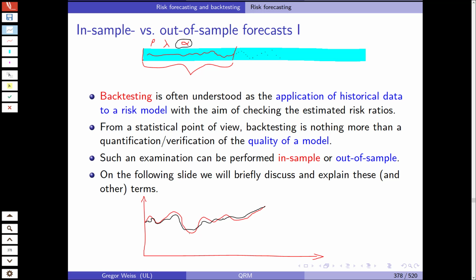And we would see this model estimation has relatively good in-sample fit. We have the data available. We estimate the model based on the available historical data. And we can see that in-sample, based on the data we have available, the model has a good in-sample fit. It has a high quality.